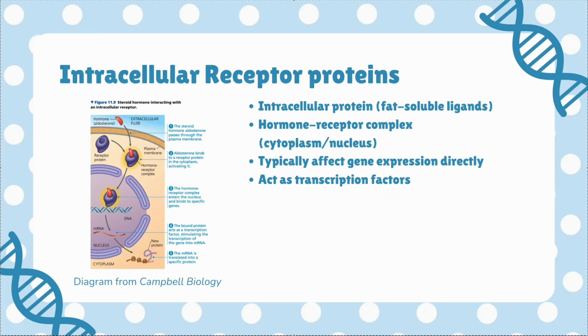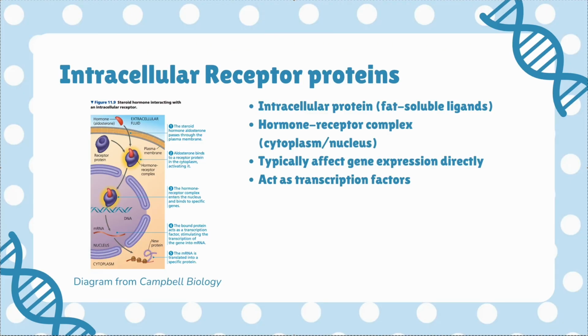And finally, a receptor that is not a transmembrane receptor, we have intracellular receptor proteins, which fat-soluble ligands bind to. So remember, fat-soluble ligands can cross the plasma membrane and then bind to a receptor inside the cell, in the cytoplasm.